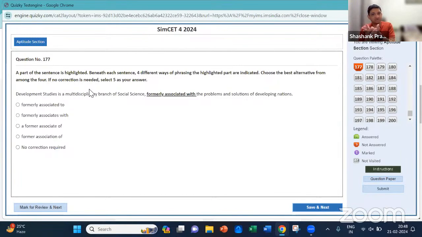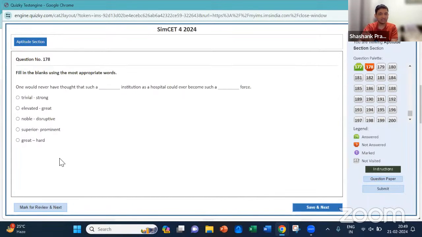A former associate of will definitely not be there. Former association of will not be there. Formerly associated with or associated to. I am associated to someone. Am I associated to something? Could be right. Or associated with. I don't know. I'll say no correction required. If I'm overthinking it, then it's mostly right.